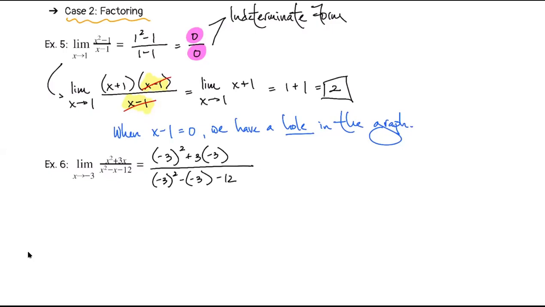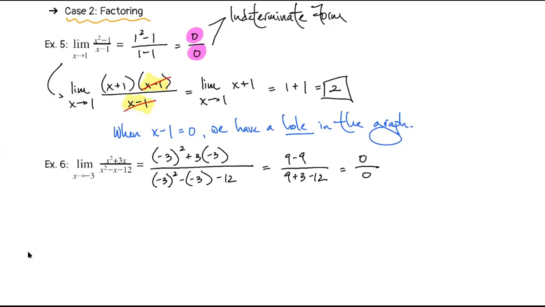And that's going to give us 9 minus 9 over 9 plus 3 minus 12. Oh, man. I got that indeterminate form again.